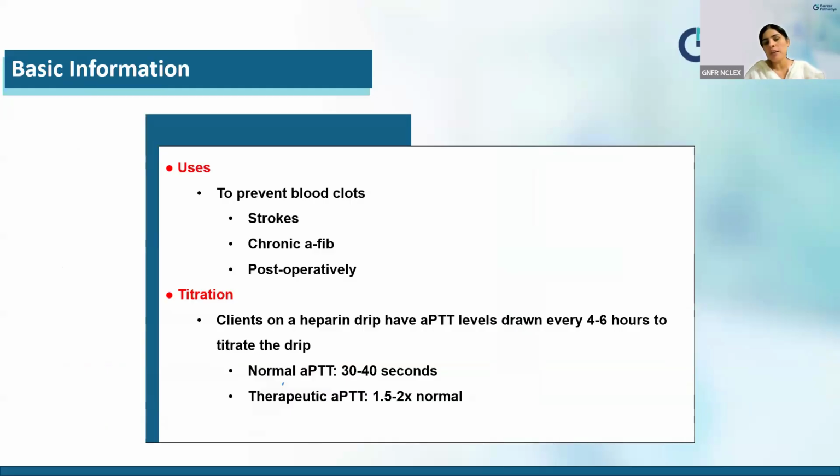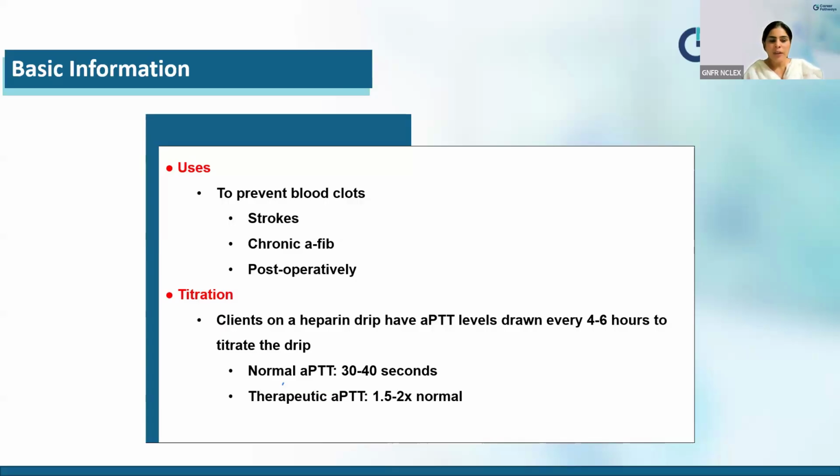So how does it work to prevent the clots? In strokes, we know that stroke happens due to clot formation, right? This helps because it's inside the body. Everybody understands? Stroke is inside the body, na? There is no outside injury here. We know that heparin acts on the intrinsic pathway.